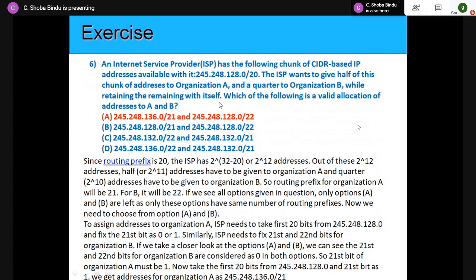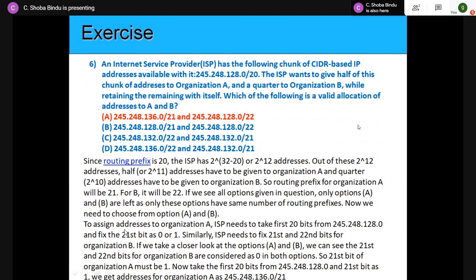As we said in the previous case, the last 12 bits will start with 0 in the most significant bit out of these 12 bits. Then it goes from 0 to all remaining 11 ones. Zeros to 11 ones. That will be the address range that you give to A.